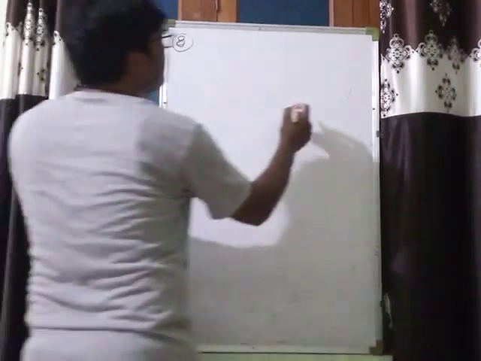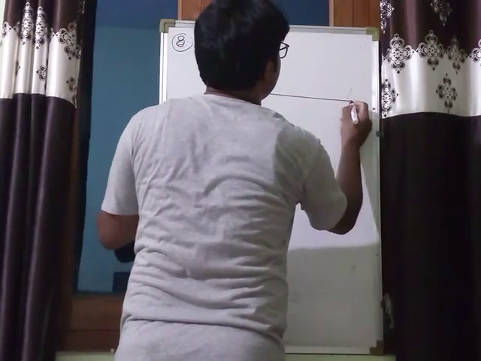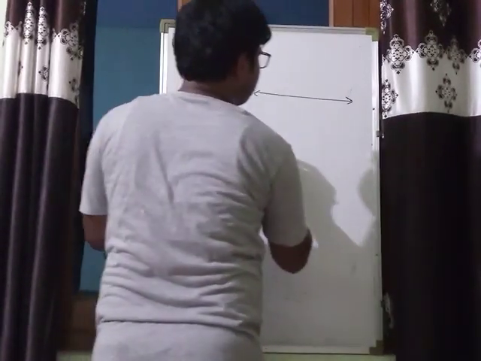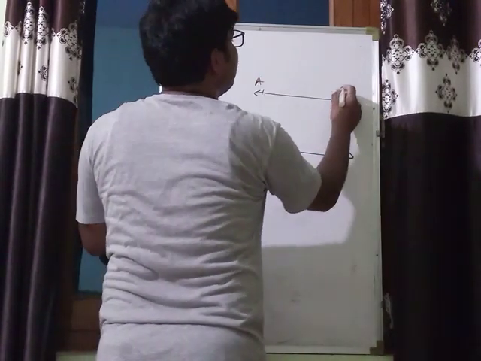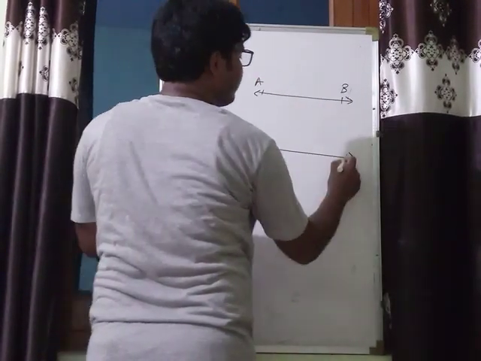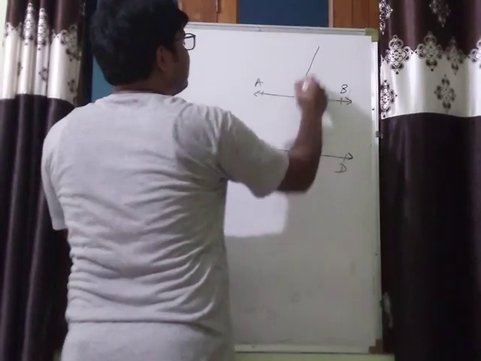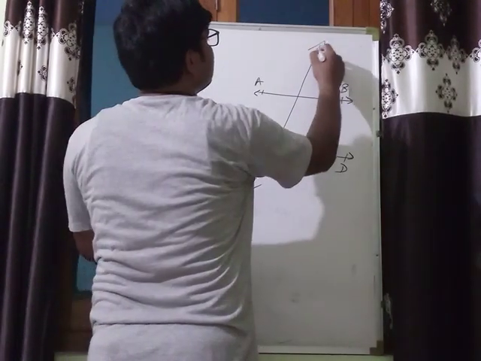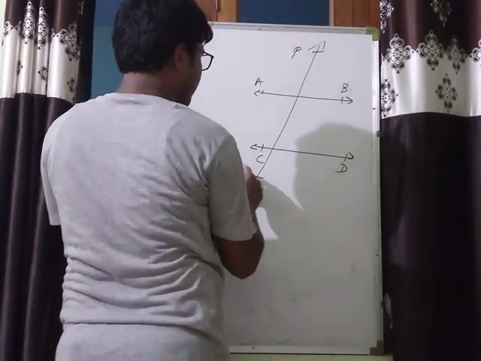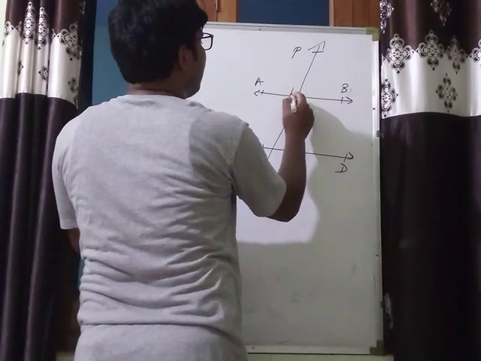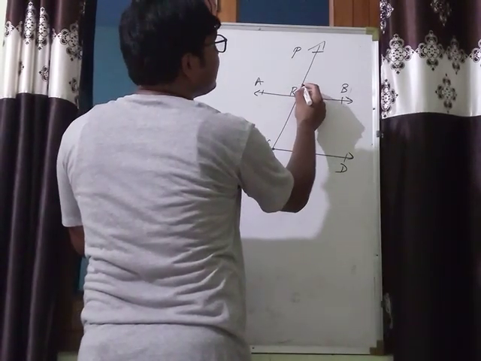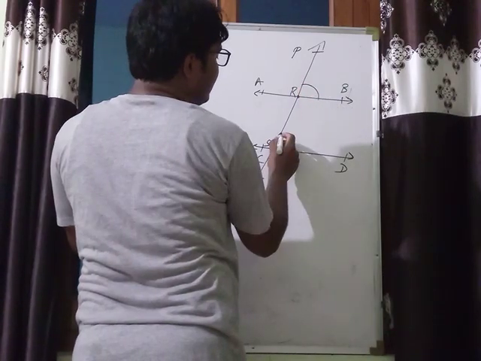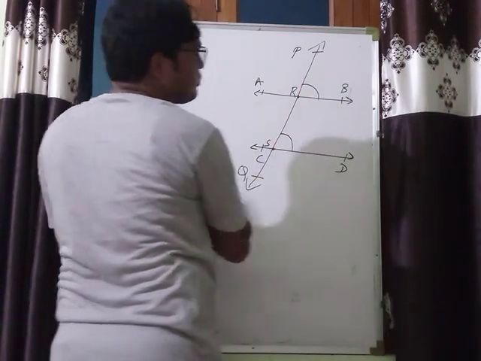See what is given. There are two lines AB and CD, and this is cut by a transversal. Suppose by PQ, and it cuts at points R and S, such that bisectors of any pair of corresponding angles.